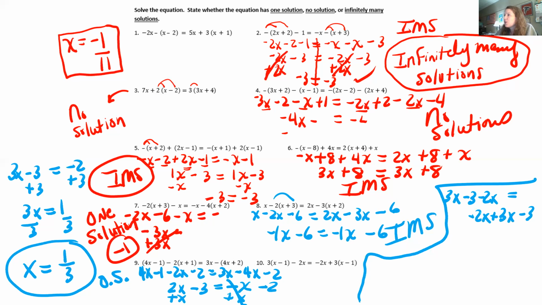When I combine like terms, I get 3x minus 2x is 1x minus 3 is equal to negative 2x plus 3x is 1x minus 3. What do you notice? They're exactly the same. So I have infinitely many solutions.